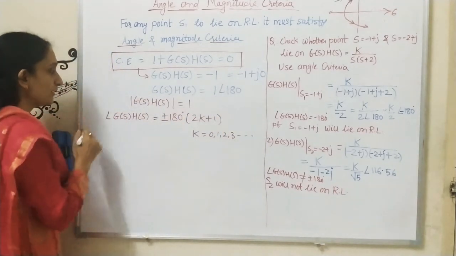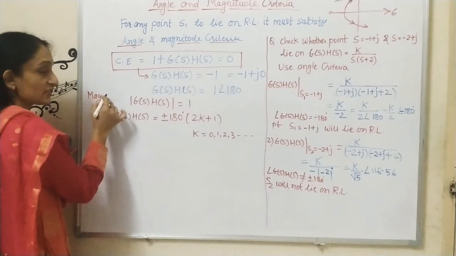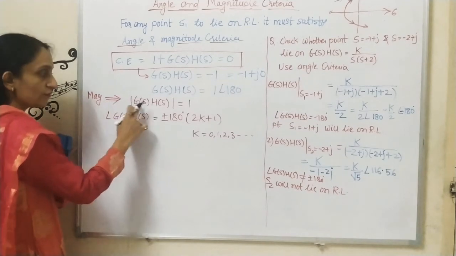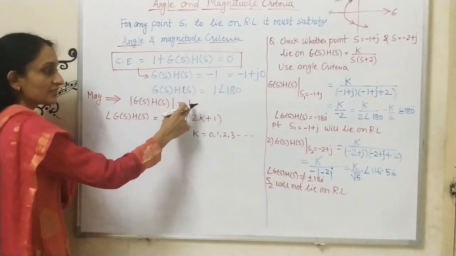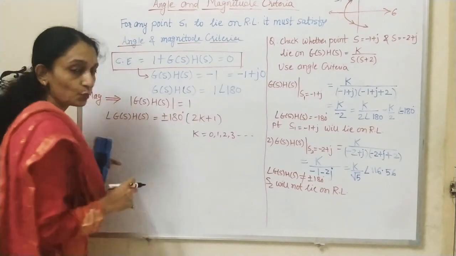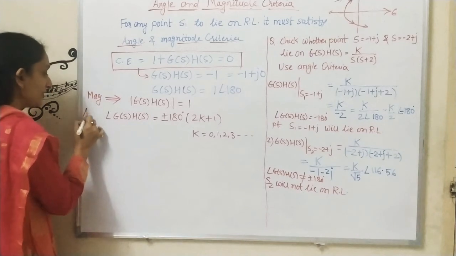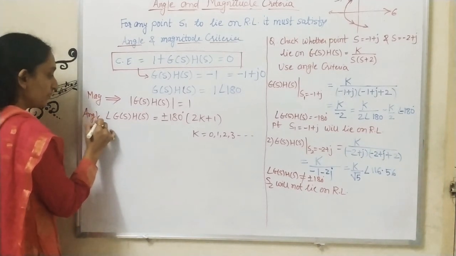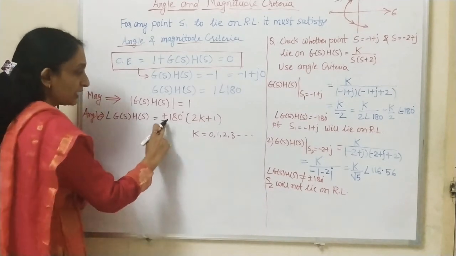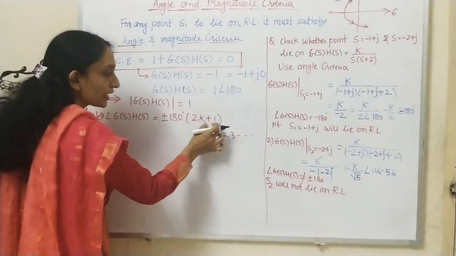This is called the magnitude criteria: mod of G(s)H(s) is equal to 1. And the angle criteria is given as angle of G(s)H(s) is equal to plus minus 180 degrees times (2k plus 1).